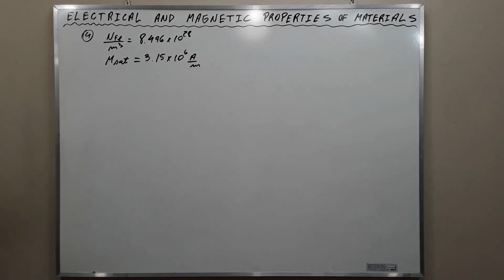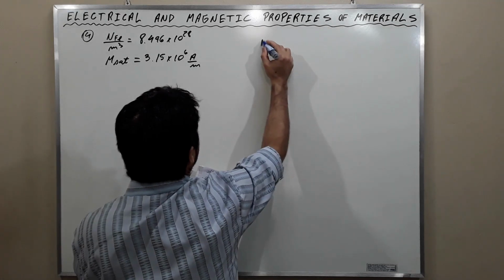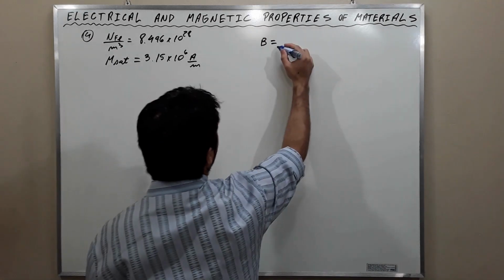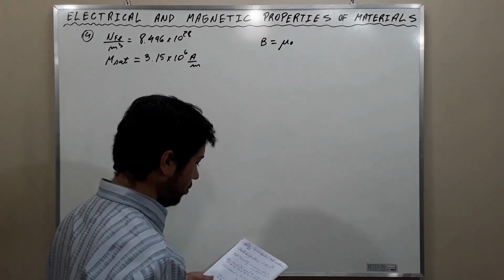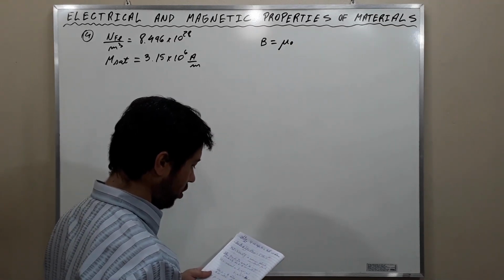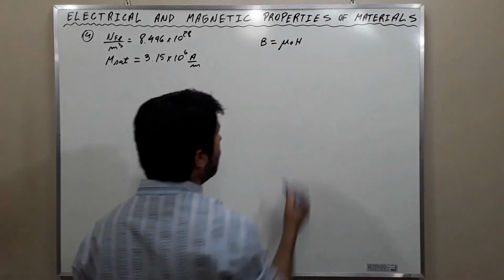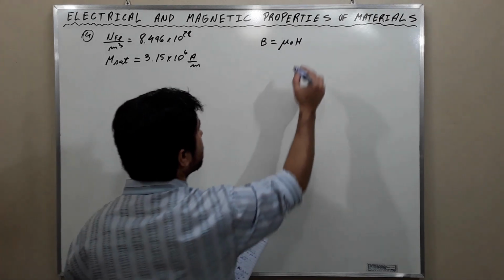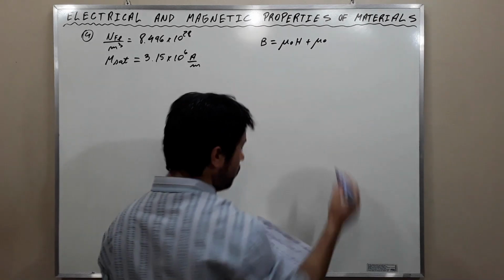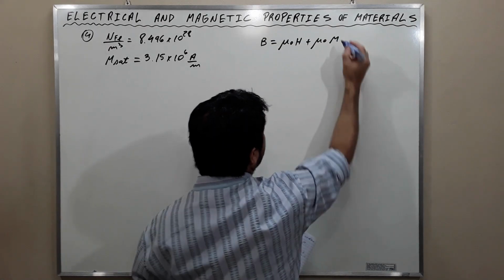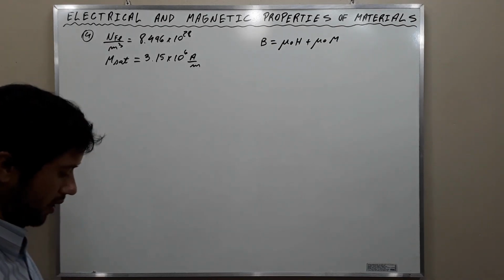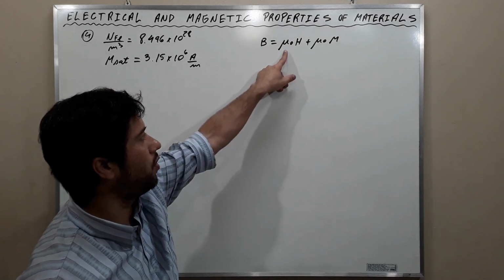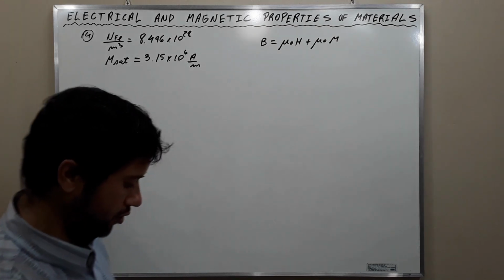It is measured as the magnetic flux density is equal to μ0 times the magnetic field intensity plus μ0 times M. Okay, where M is the magnetization, and μ0 is the magnetic permeability in free space.